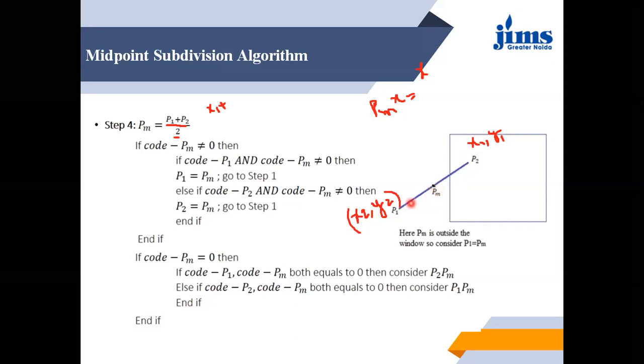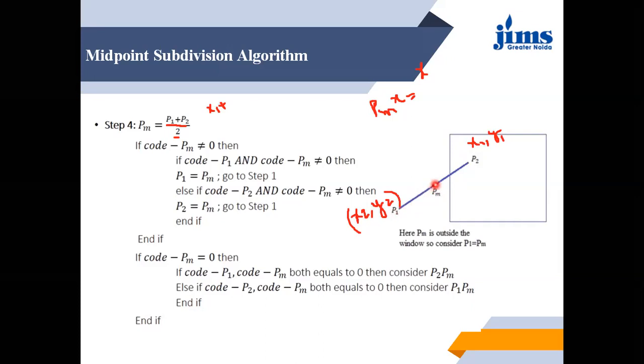From here you can see that when we perform this on P1 and PM, the AND operation between the region codes of these two endpoints will be non-zero.